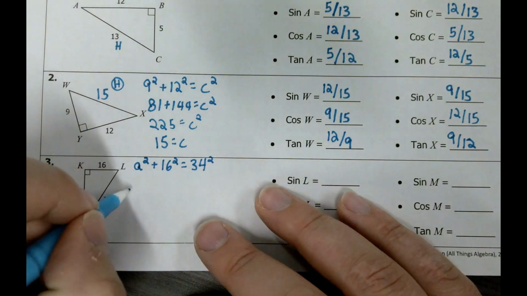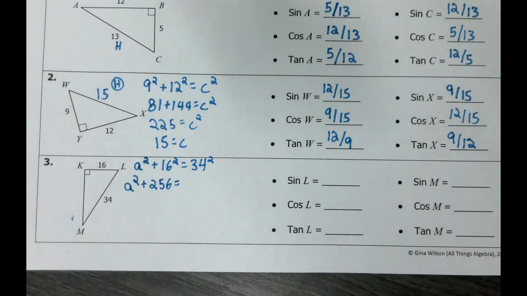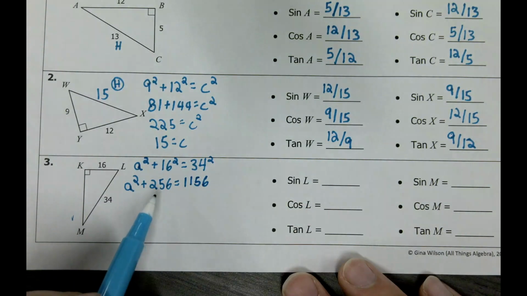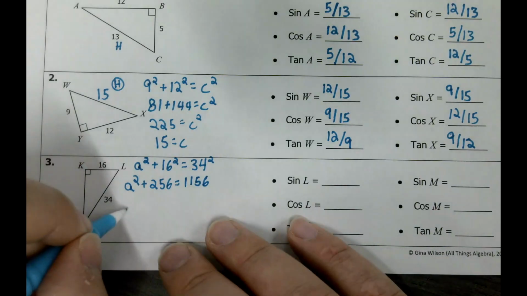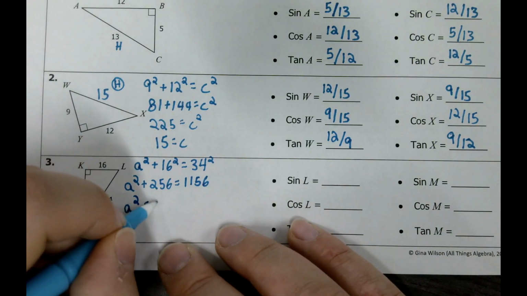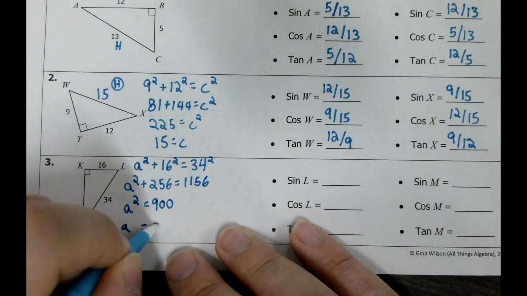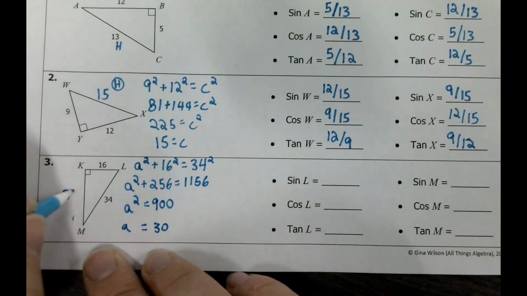Yep, 256. So this is A squared plus 256 equals 34 squared, 1,156. If I subtract 256 from both sides, I'm going to get 900. Well, the square root of 900 is going to be 30. So this missing side is 30.